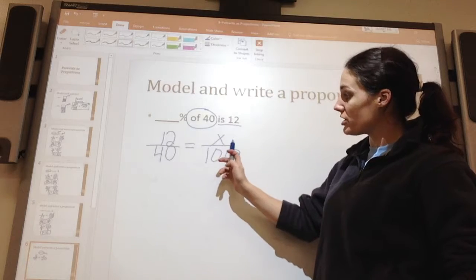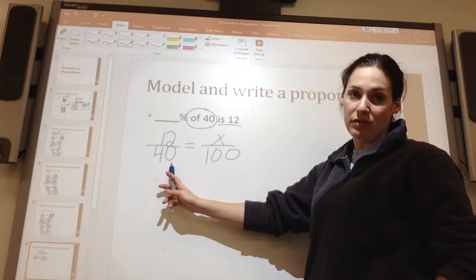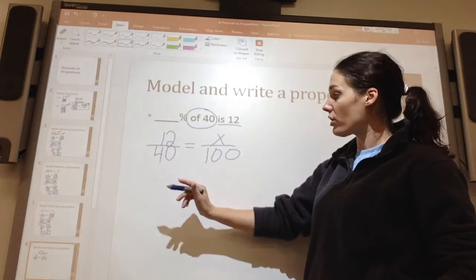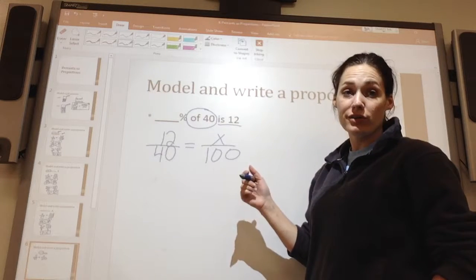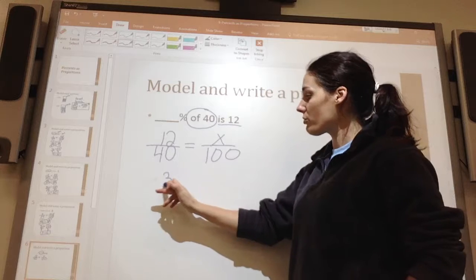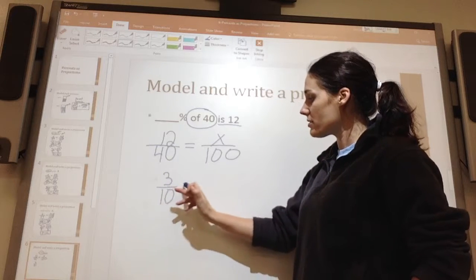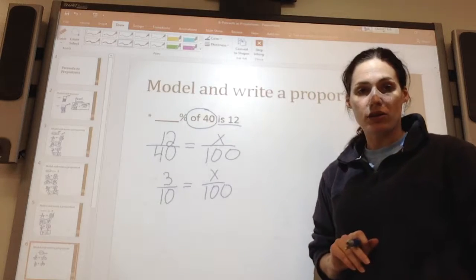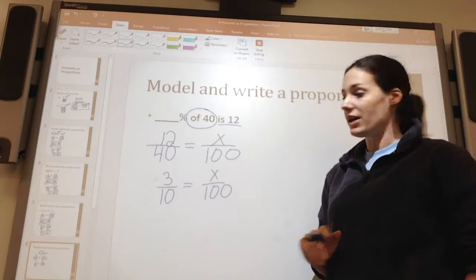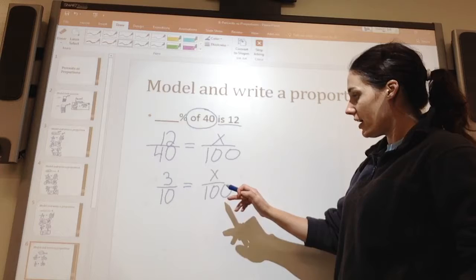You have to follow the wording in the problem. This time my variable is on the right, and the fraction I can simplify is on the left. So 12/40ths, they can both be divided by 4. That would be 3/10, which is simplified. Okay, so I can go ahead and do the cross product now that I've simplified what I can.